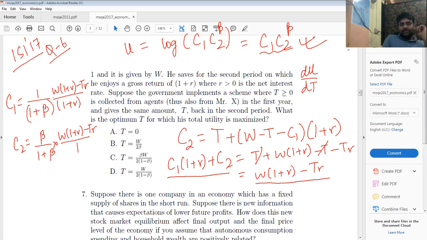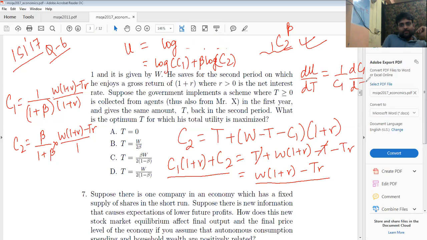If I go from the first equation, which was u is equal to log C1 plus beta log C2, du dt will be 1 by C1 into dC1 dt plus beta by C2 into dC2 dt. Am I right?